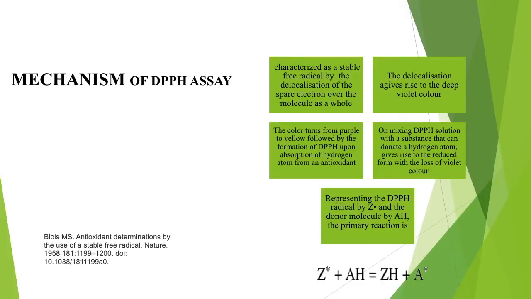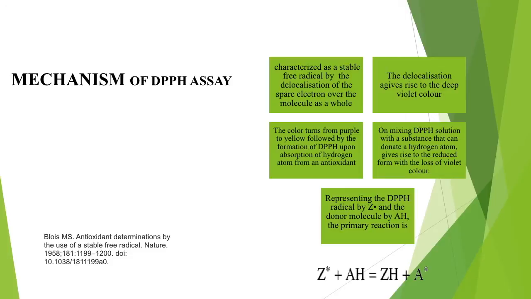Now we'll study the mechanism of DPPH assay. The first step in the mechanism behind DPPH assay is the delocalization of the spare electron over the molecule as a whole. This delocalization gives rise to a deep violet color. The color changes from purple to yellow, followed by the formation of DPPH-H upon absorption of a hydrogen atom.